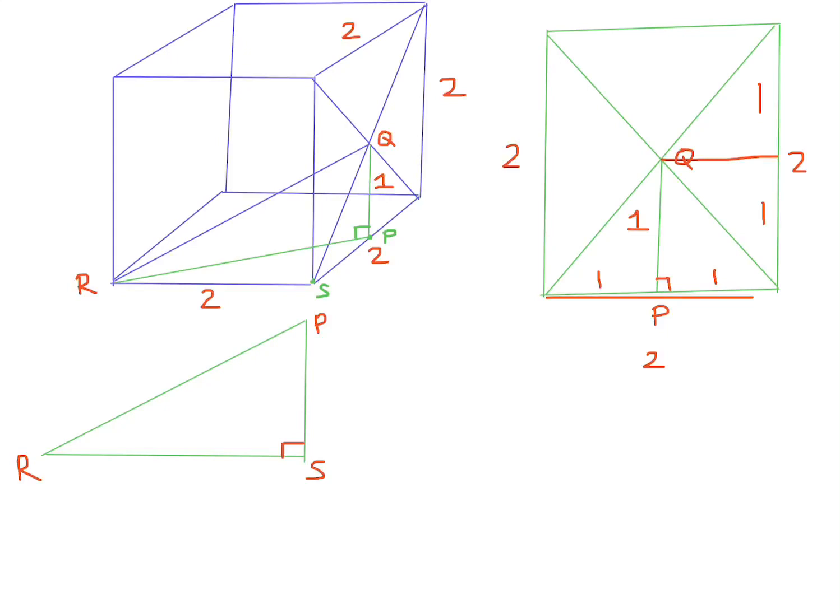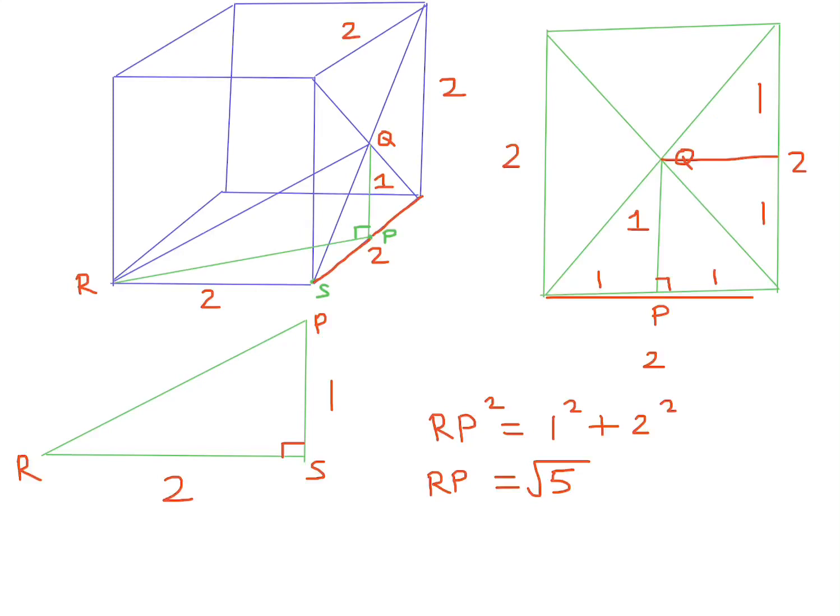And the PS side is just 1, because from here to here is just 1, since point P split that side into halves. And therefore RS we know is 2, so we can solve for RP. RP squared is equal to PS squared, which is 1 squared, plus RS squared, which is 2 squared. So this becomes 5, and therefore RP is the square root of 5.